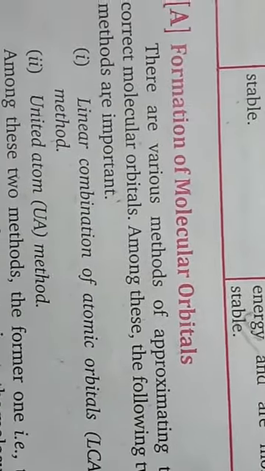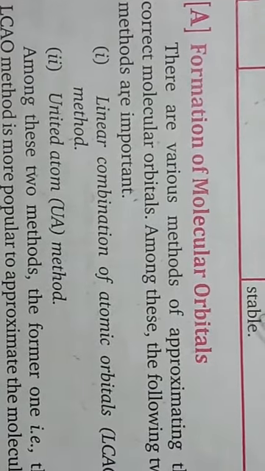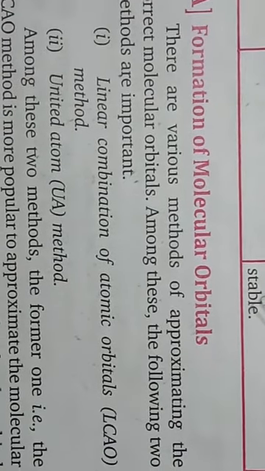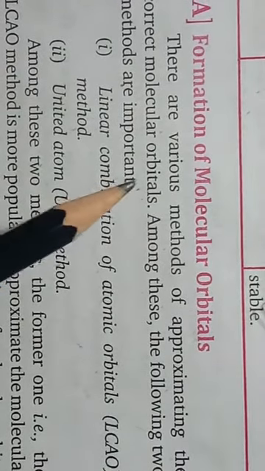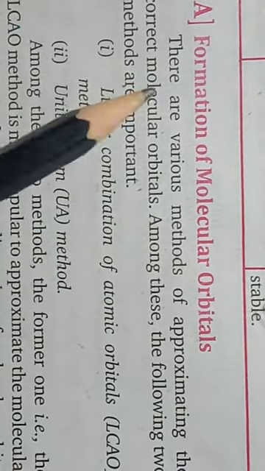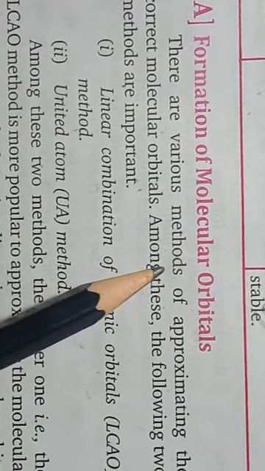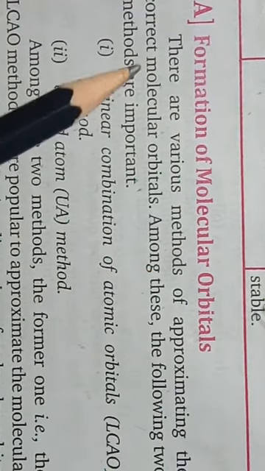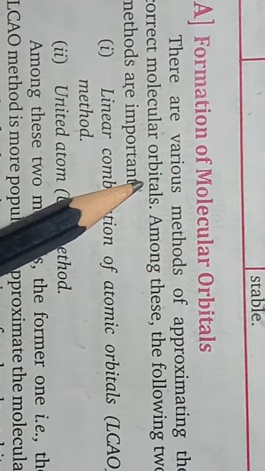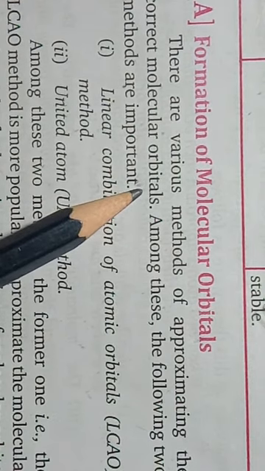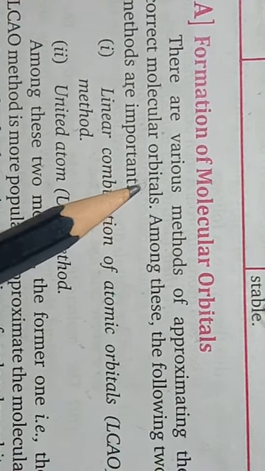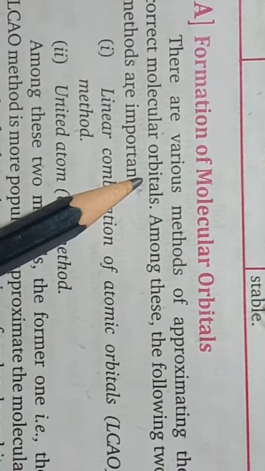Next we will discuss the formation of molecular orbitals. As you can see, there are various methods of approximating the correct molecular orbitals. A number of methods tell us which type of molecular orbitals will form and when a molecular orbital can form.